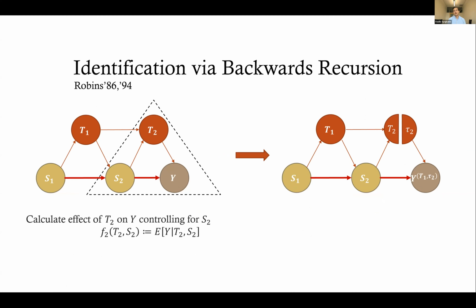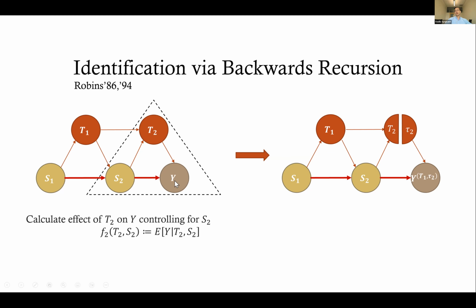But one observation is that even though we cannot view it as a one-shot controlling for exercise, where we just try to estimate the effect of some treatment on some outcome controlling for a set of variables, we can actually view it as a recursive controlling for exercise. We can go in the end, for instance, and say, what if we want to leave the first period treatment as is and just intervene on the second period treatment?